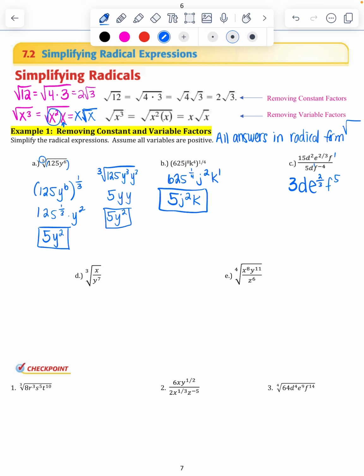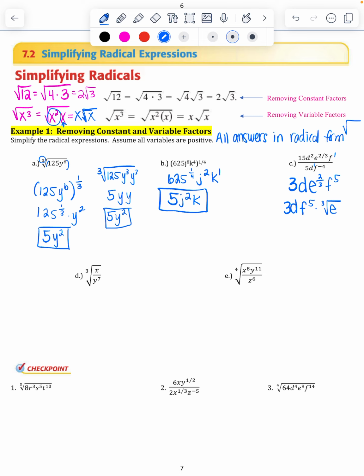Now they want all answers in radical form, meaning if you do get any part in your expression that has a fraction exponent, you should rewrite that in radical form. Now the 3d f to the 5th, nothing I would need for radicals there, but e to the 2/3, you would need to rewrite this as the cube root, because the denominator of the exponent fraction is always the root, the index.